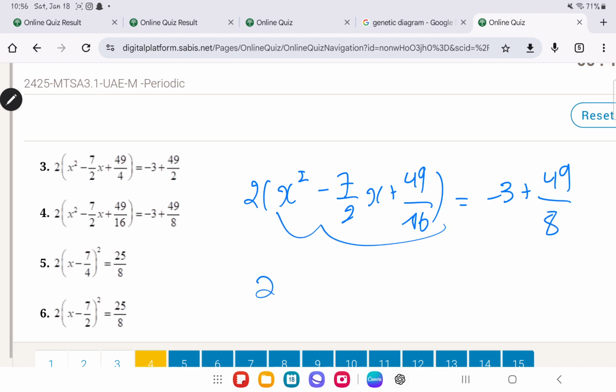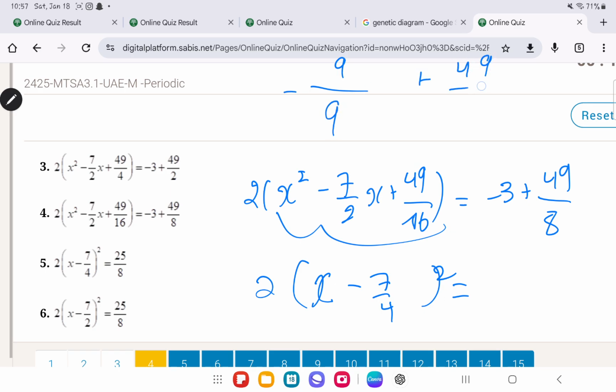So here we are going to factorize it. It's going to be 2 times x minus 7 over 4 squared is equal to, here if we are going to do it, it is going to become minus 24 over 8 plus 49 over 8, my bad, I made a mistake, sorry.